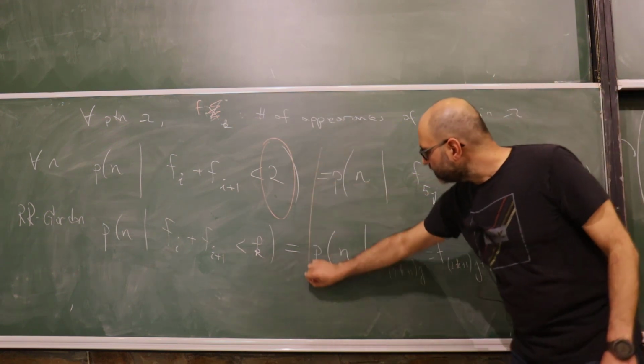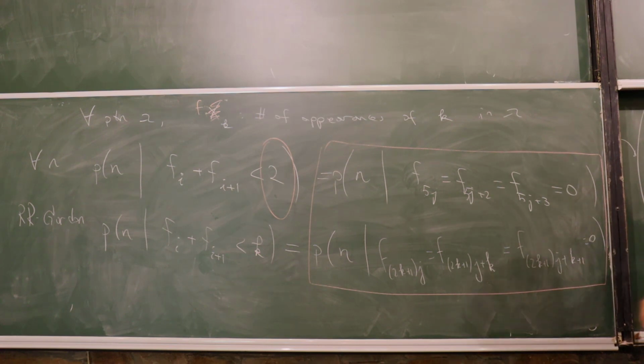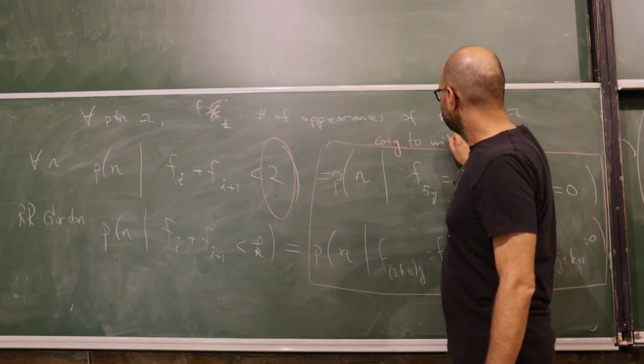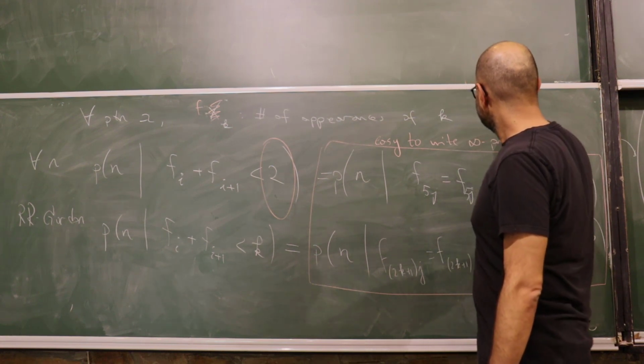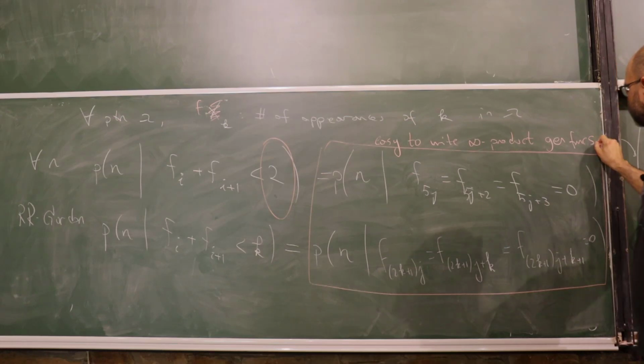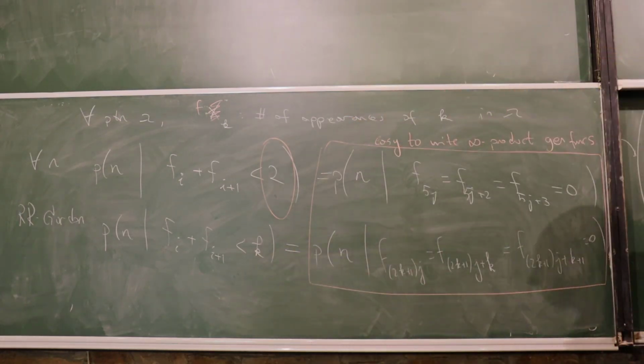It's really easy to write generating functions, infinite product generating functions for the right-hand sides. We are not going to do that. But we will focus on the left-hand sides, the multiplicity conditions, if you want.